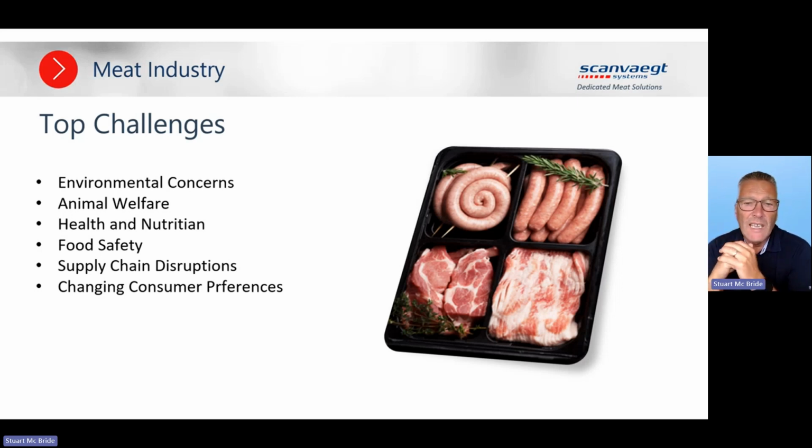The meat industry today is a major contributor to greenhouse gas emissions, deforestation, and water pollution. Reducing its environmental impact in terms of carbon emissions and resource use is a significant challenge that meat producers must be aware of.